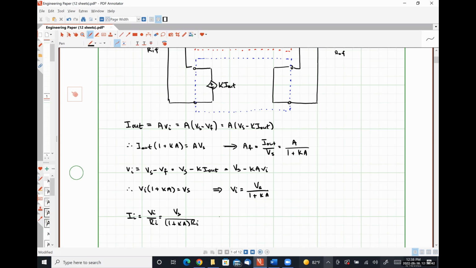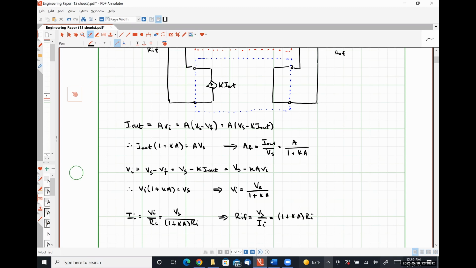And from this, our input resistance with feedback RIF, VS over II, becomes 1 plus KA times RI. So our series connection boosts our input impedance, effectively behaving the exact same way as the series connection did for our feedback voltage amplifiers.